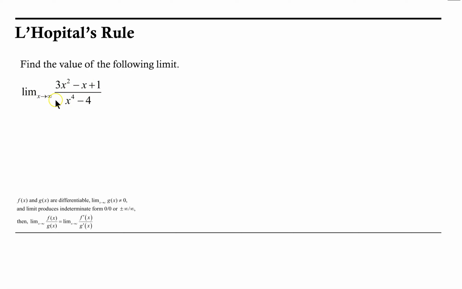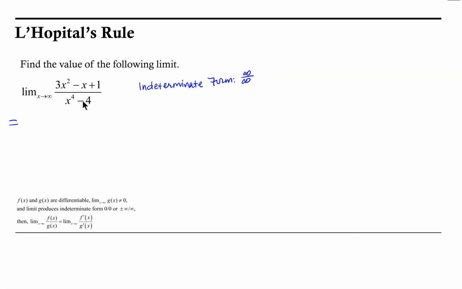In my denominator, x to the 4th minus 4 will also approach infinity. So we have an indeterminate form of infinity over infinity. And that's a form that allows us to use L'Hopital's rule.